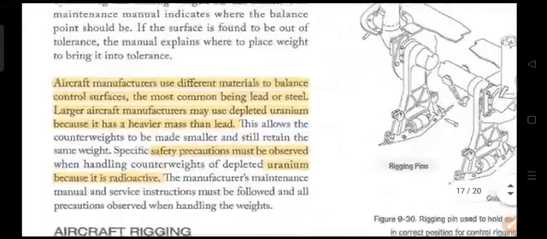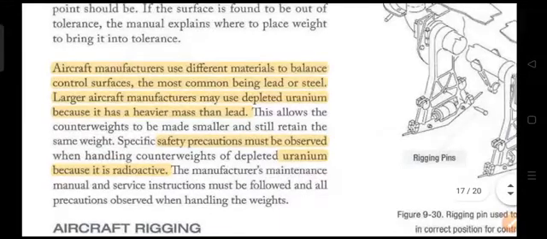Next, we will study how aircraft manufacturers use different materials to balance control surfaces, the most common being lead or steel. Remember, lead wool or steel pieces or steel wool are normally used, okay, to balance the aircraft. Wherever some load needs to be added, they use this. Larger aircraft manufacturers may use depleted uranium because it has a heavier mass than lead.